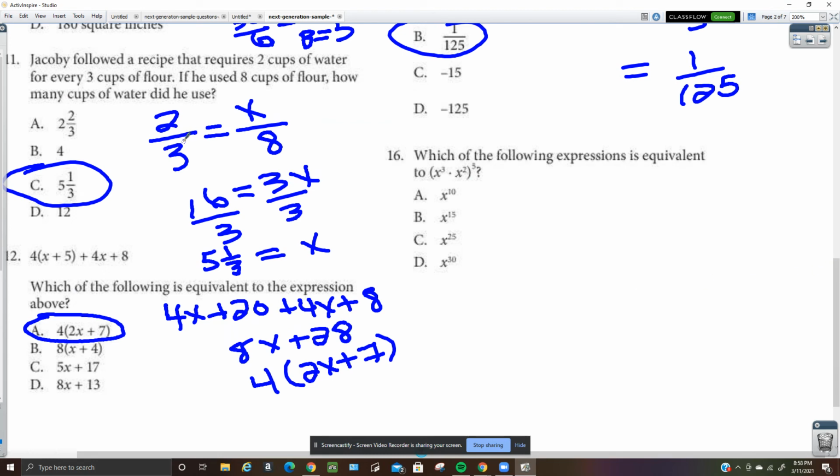And then here, x cubed times x squared in the parentheses, to the 5th power. What's inside the parentheses first? x to the 5th, to the 5th power. And you get x to the 25th.